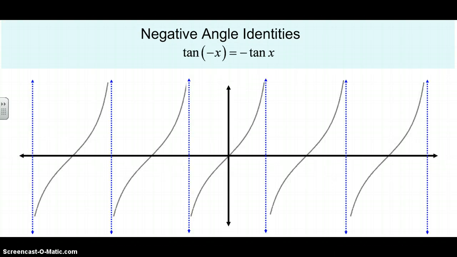We can also see this by looking at the tangent, and notice here is pi over 4, here is negative pi over 4, and tangent of negative pi over 4 is equal to negative tangent of pi over 4. And that's going to continue to be the case for all the different values along the graph.